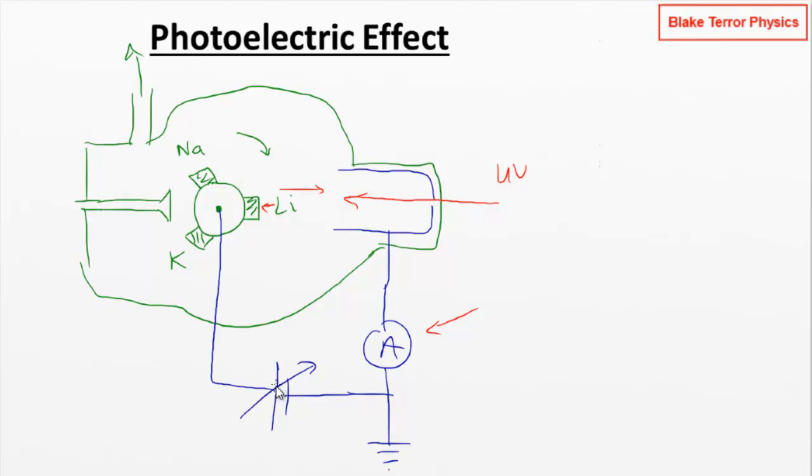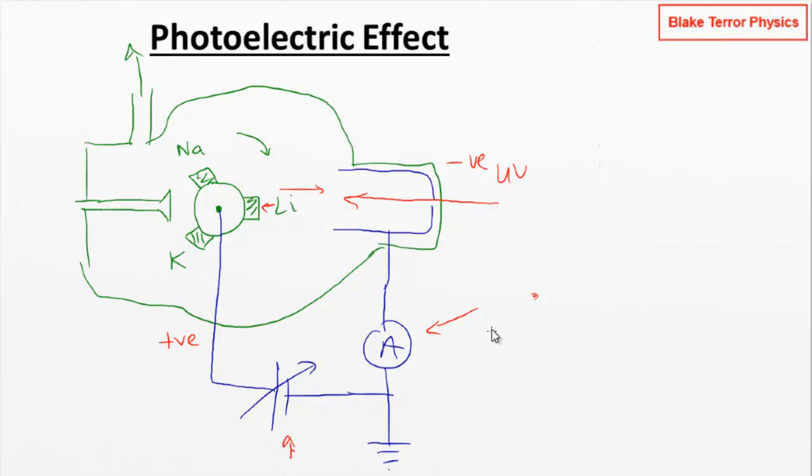If we then crank up the power supply, if we put positive here and negative here, now we're repelling these electrons from the plate that they're being collected by. So we're slowing them down, so we're reducing the current. We're going to start off at some maximum current, and then slowly increase our EMF.